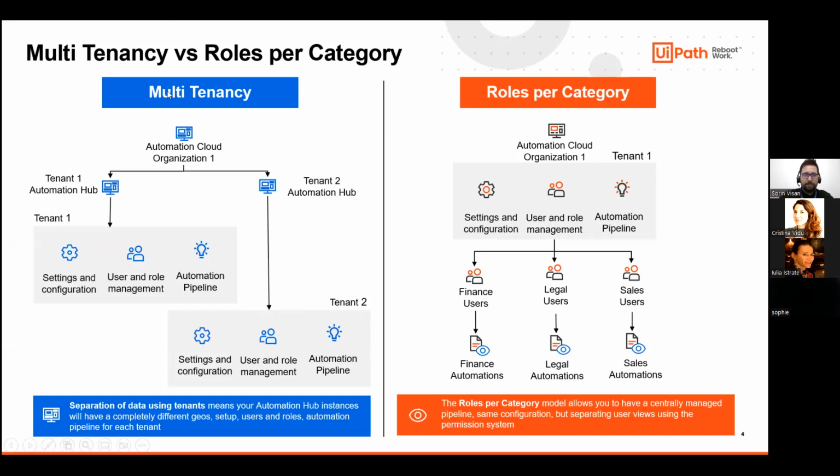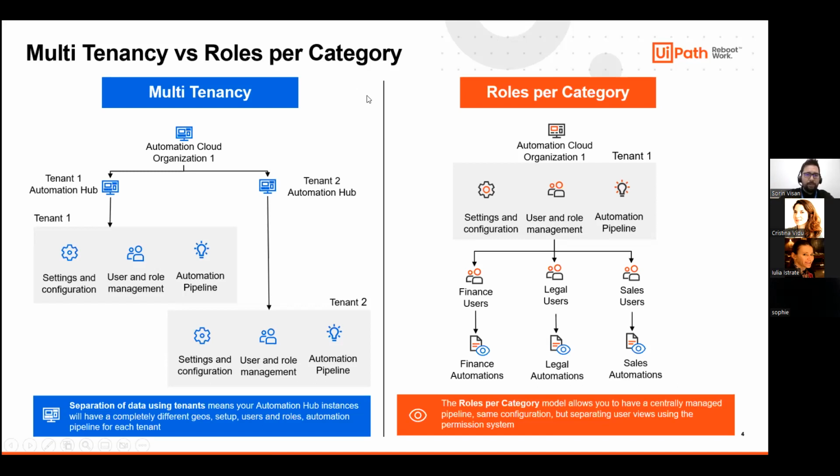You'll see here we said multi-tenancy versus role per category, because in each situation, regardless of whether you use multi-tenancy or a single tenant, most of our customers wanted their users to have a separation in terms of views, meaning that you want your users to see exactly what is of interest to them. For example, if they're in finance, they want to see only finance, and so on.